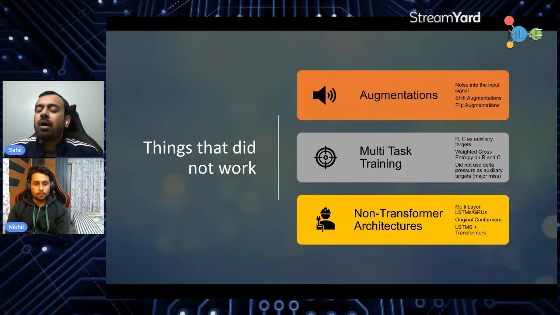We also experimented with combinations. Since we already had transformer and CNN combinations, we thought that instead of CNNs, why not try LSTM and transformer combinations? And again, these also did not provide the results that we were looking for.